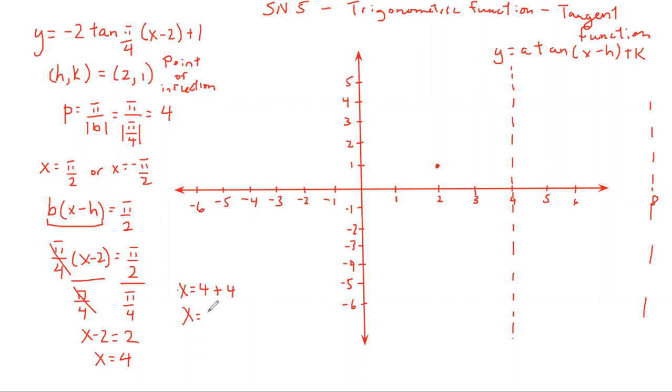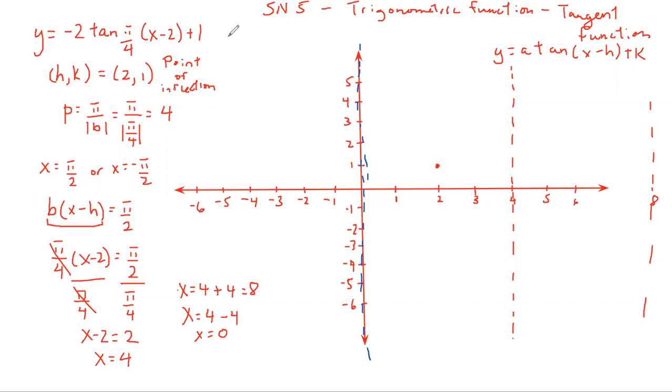And if I take my asymptote 4 and subtract the period from it, which is 4 minus 4, I end up with 0, which happens to be our y-axis. I'm going to use a different color just to show you that there is indeed an asymptote right there, which means that, perfect, this actually fits right in between the two asymptotes we just drew.